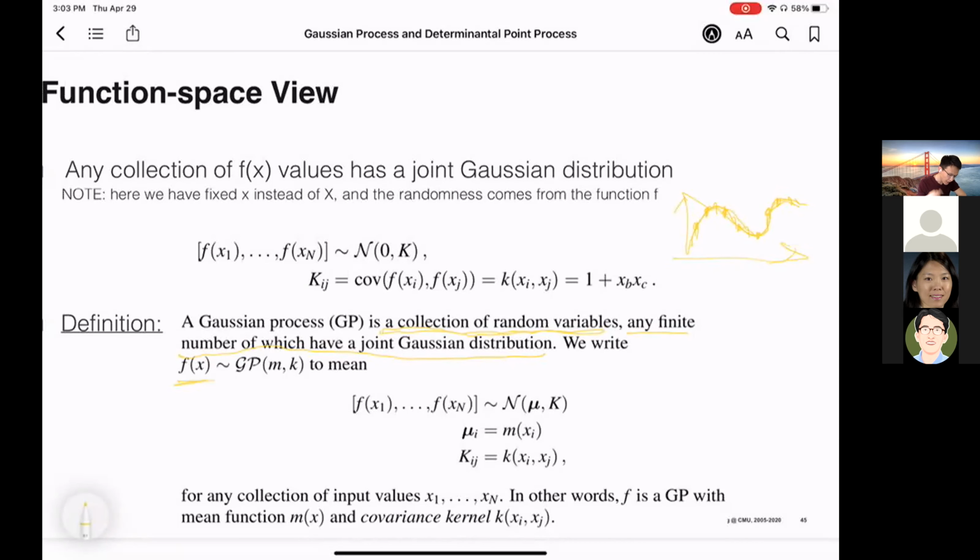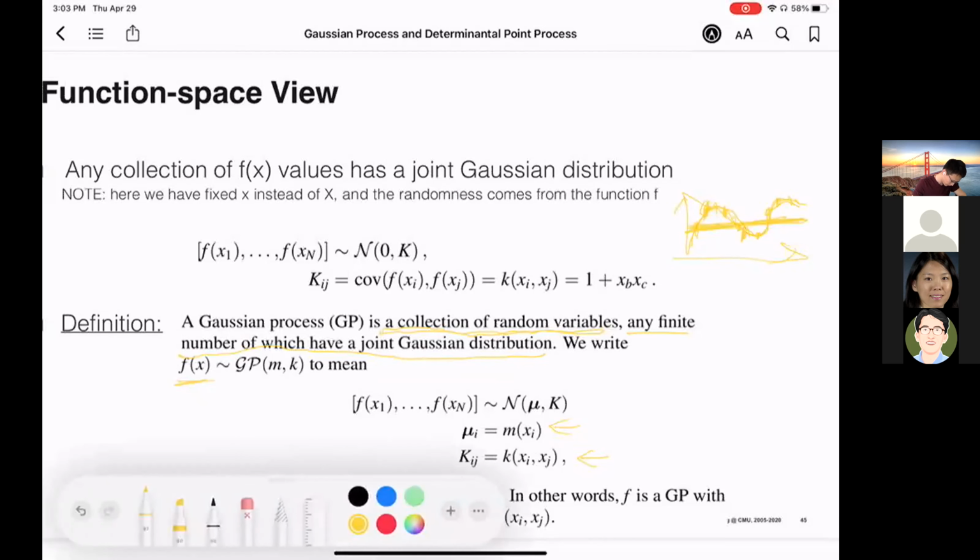And in order to characterize this whole curve, we need a mean function and a covariance function. The mean function is defined at every single point. In the previous example, as Izhou pointed out, it will be just the blue curve in the middle if the mean is 0. And the covariance function is such that whenever we plug in 2 points on the curve, we are able to compute the covariance between these 2 points.